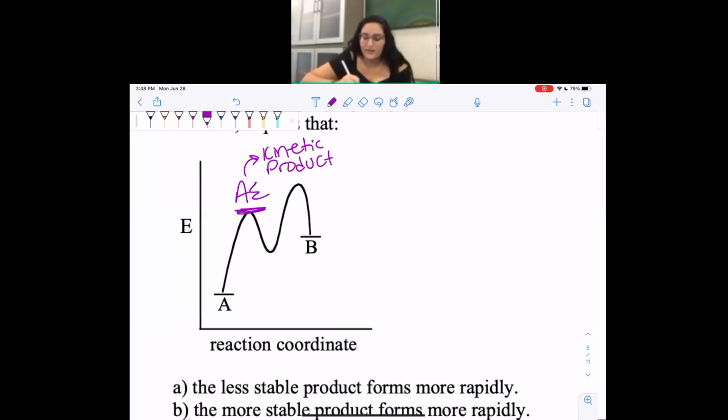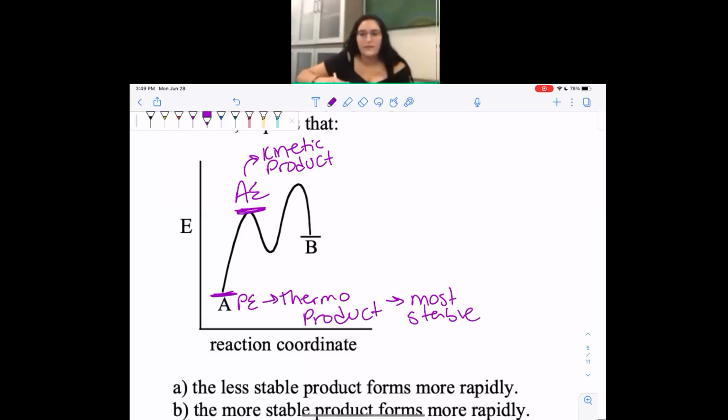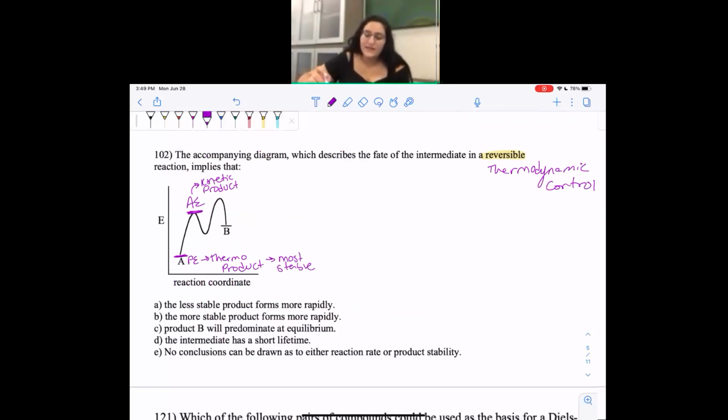And we know that the lowest potential energy is the thermo product. And we know this is the most stable. Right? So now it's asking you what is implied by this diagram, right? And if you know this information, you'll be able to answer any question like this.